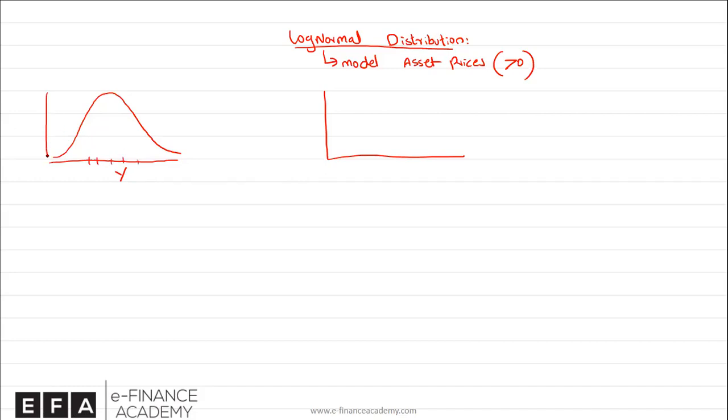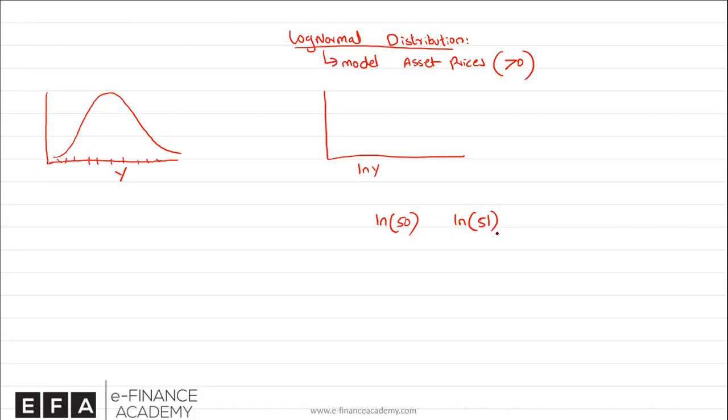And the y-axis plots the frequency or the probability of those values. Here, what we actually do is we take the natural log of y. So instead of taking the y, we take the natural log of the y value. So if you have stock prices, you might take the natural log of $50. If one day it's $50, then it's 51, you'll take the natural log of 51.